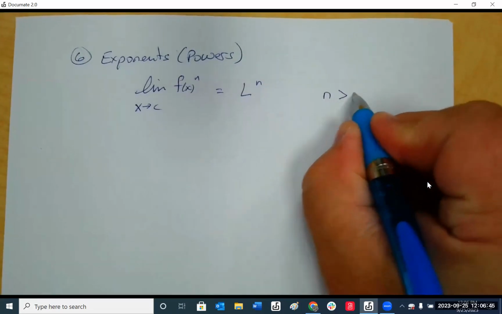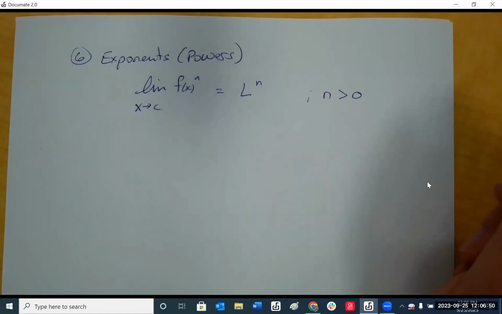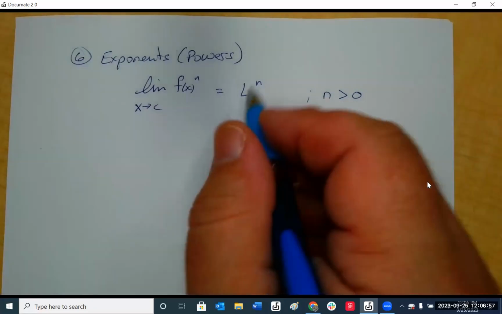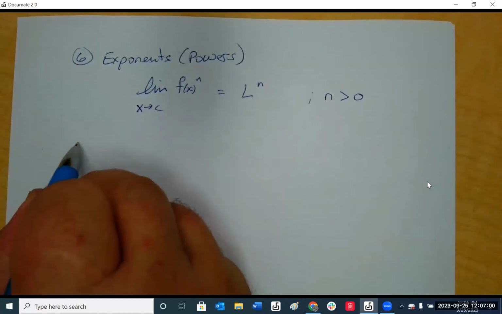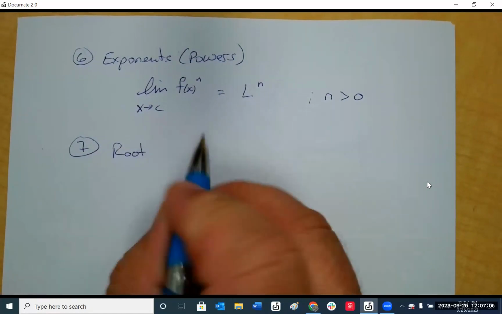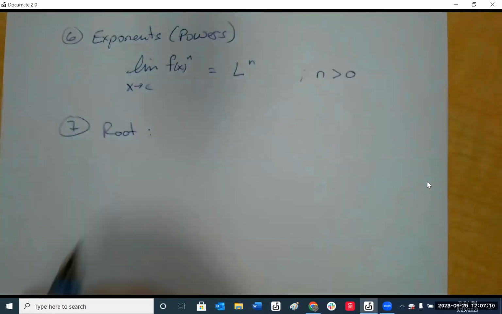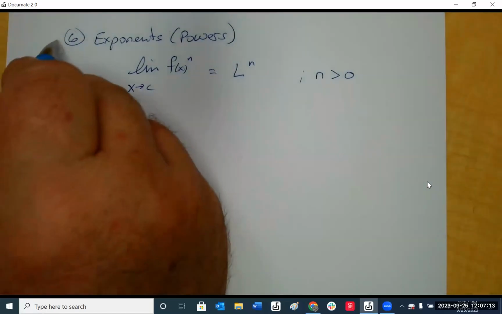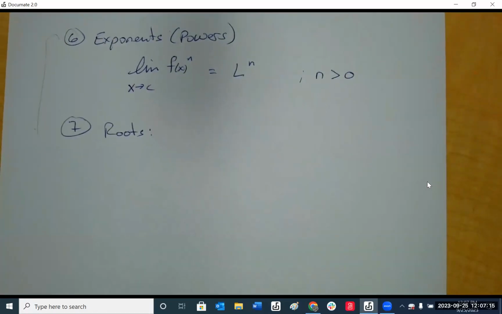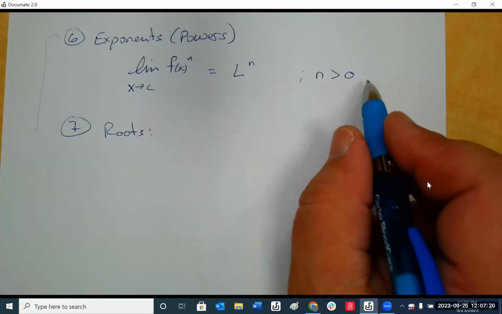But n has to be positive, because what happens if it's negative? It should be a quotient rule then, and this would be on the bottom. And then the nth root. These two actually go together because of the exponent rule. If n is a rational expression, then you have a root.